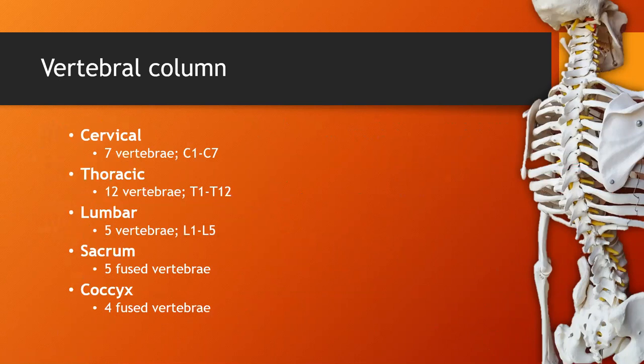So the cervical and the lumbar curvatures have a concave curve posteriorly. Your thoracic and your sacral have a convex curve posteriorly.